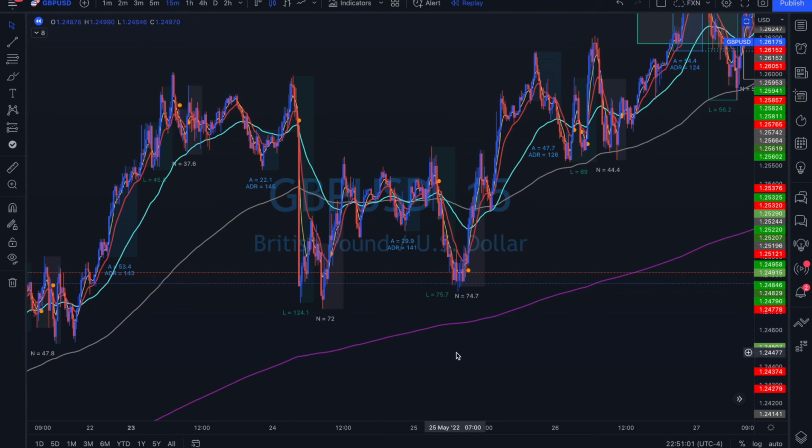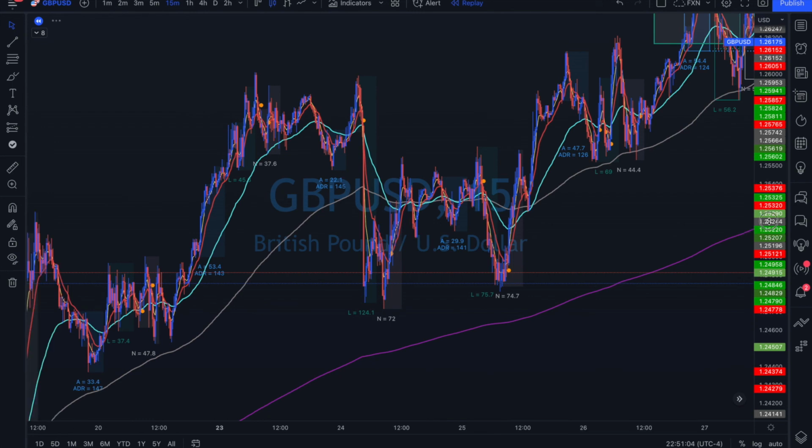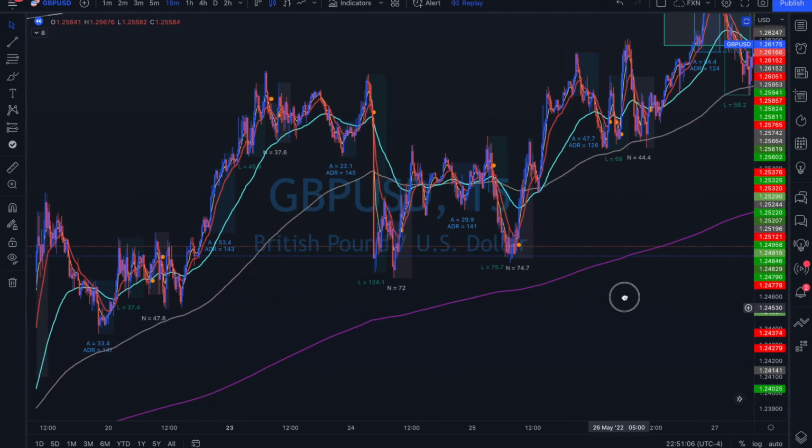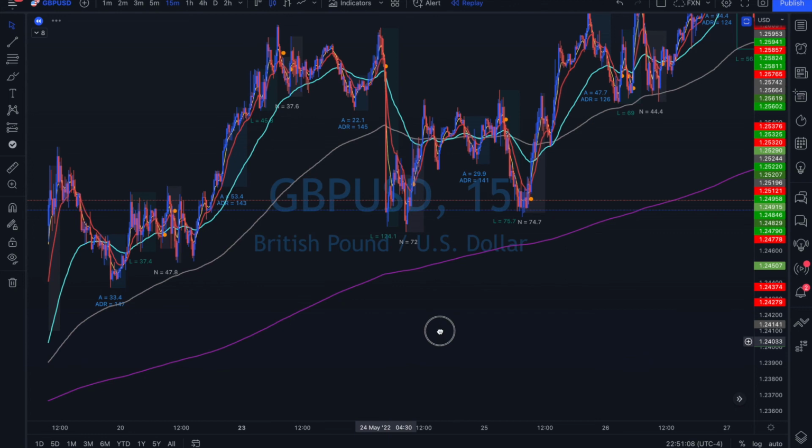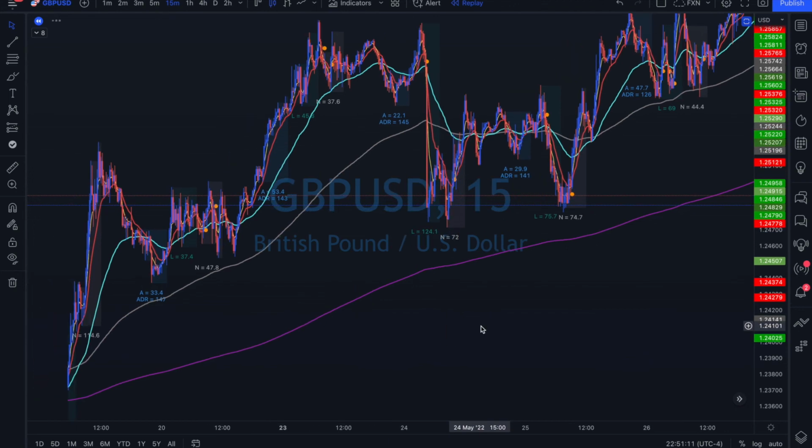Okay, so if you're looking at this, look at how for the majority of this trend the 200 and the 800 both stayed below price action, right? So all that's telling you is that on the 1 hour and on the 4 hour time frame, the intraday trend of the 50 EMA is still below price action. So the directional bias is still looking to go much higher.